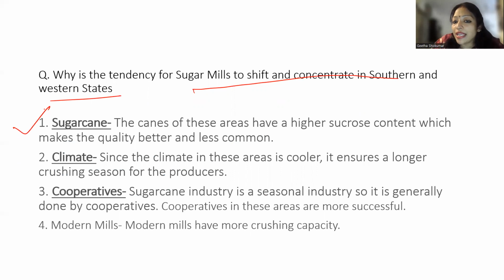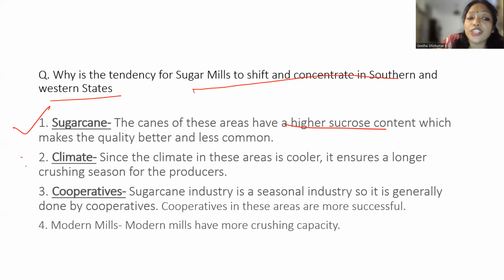The canes of these areas have higher sucrose content, which makes the quality better. Sucrose content plays a very important role. अगर गन्ने में से जूस ही नहीं निकलेगा, रस ही नहीं निकलेगा, तो how am I going to make sugar?